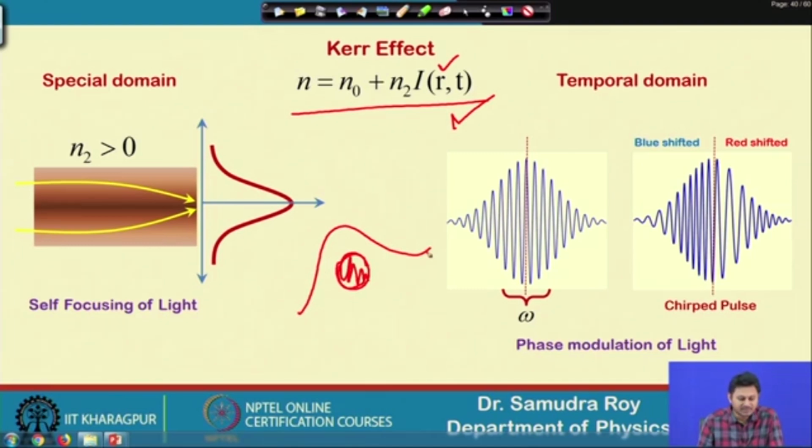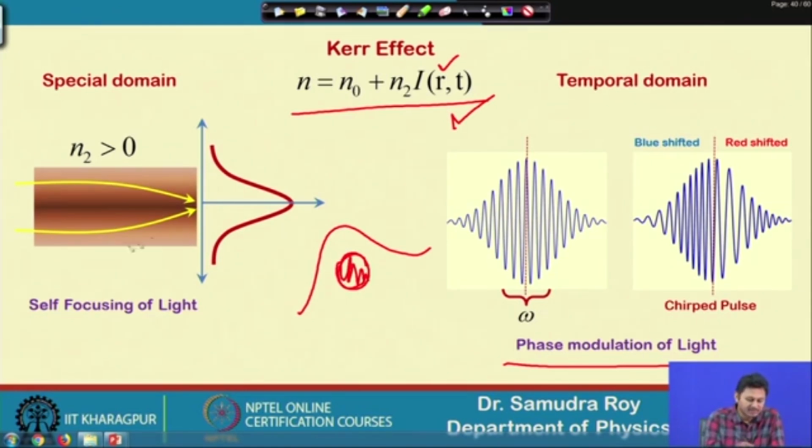Due to the spatial distribution, we have a self focusing kind of effect, but the intensity also has some distribution in the temporal domain. So, when the intensity varies in the temporal domain, we have the phase modulation of light. So, light will be modulated, and these two kinds of modulation are there.